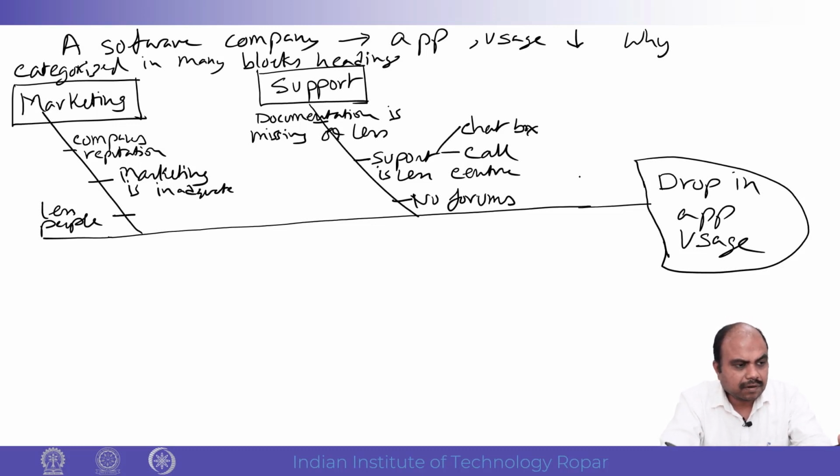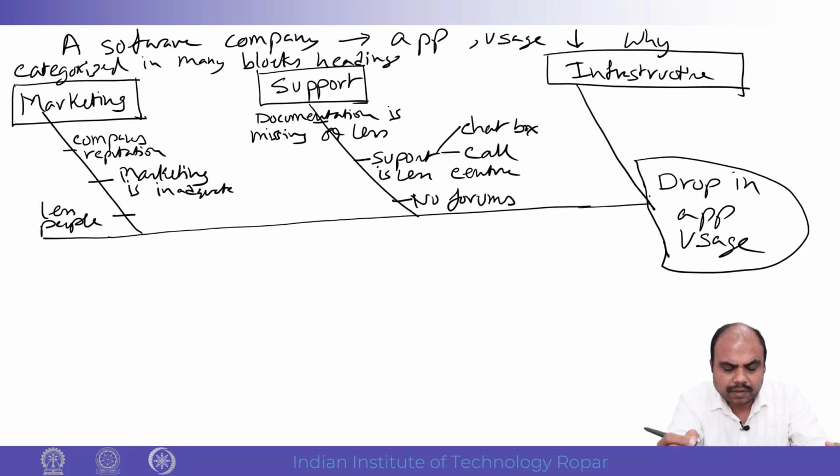There is another set of people within the community, this group believes that the infrastructure is not so good. In infrastructure, basically what people have found out is that the app performance is not that great.